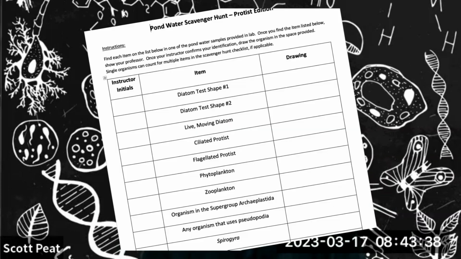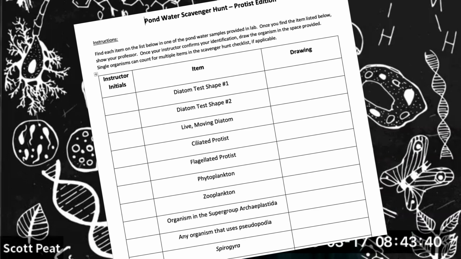So yeah, scouting is the big thing if you're going to do it on campus, or even if you're sending them off to a museum. So maybe they're doing this on their own at a museum, you should have gone to the museum, scouted it out, and made sure everything they're going to look for is there. Or my pond water, right? I assess the pond water to make sure everything is there and can be found.